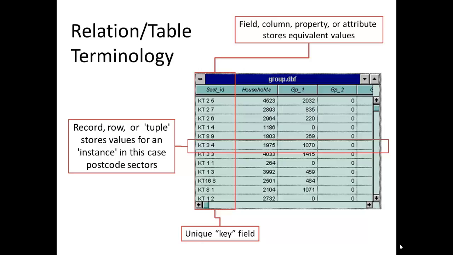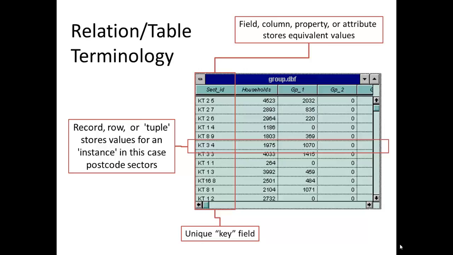So in this case, the one called sect ID for some reason, section ID. Why didn't they call it postcode ID? I don't know. But these are postcode sectors, I think that's what it's called, sector. So KT25, KT27, KT26. KT postcode is the Kingston postcode area.